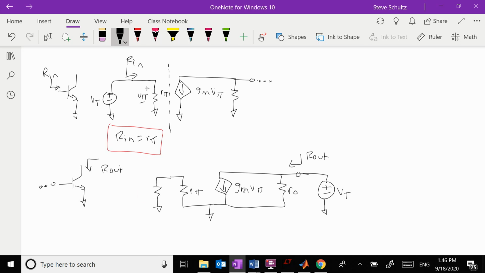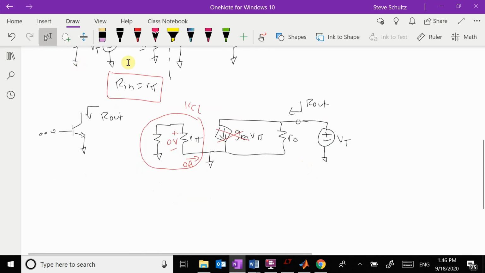Well, if I just have a resistor over here, because of KCL, there's no current coming in here, because there's only one wire that crosses, which therefore means that this voltage right here is 0 volts. If that's 0 volts and that's my V pi, then this is gone because it's just 0.